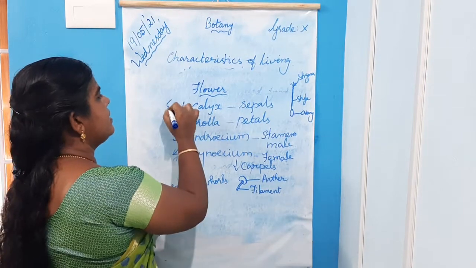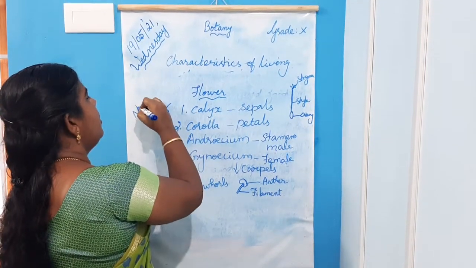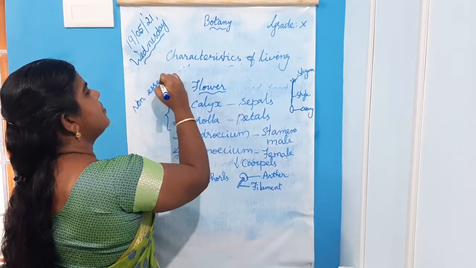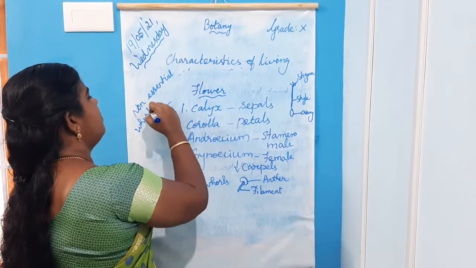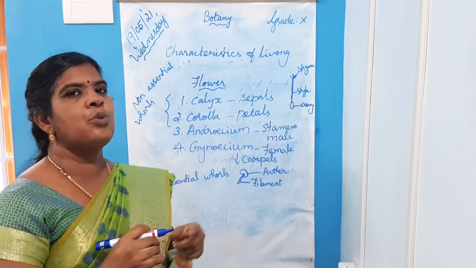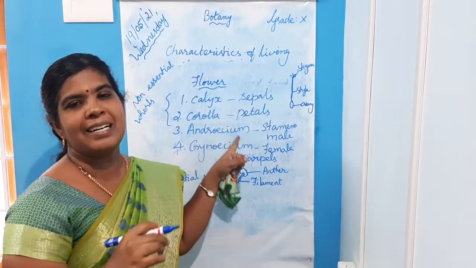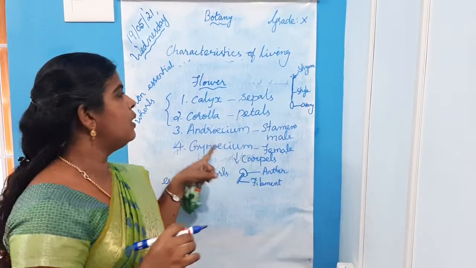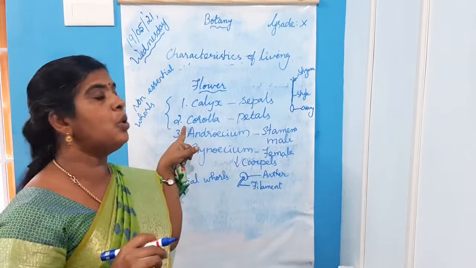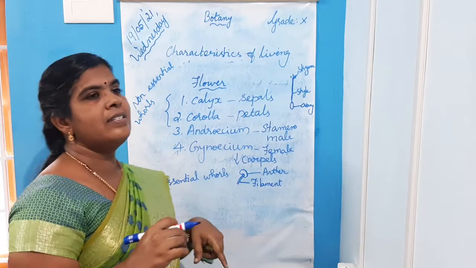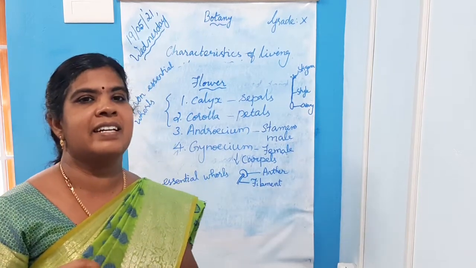But the calyx and corolla are non-essential whorls, because they do not take part directly in reproduction. So calyx and corolla are called non-essential or accessory whorls.